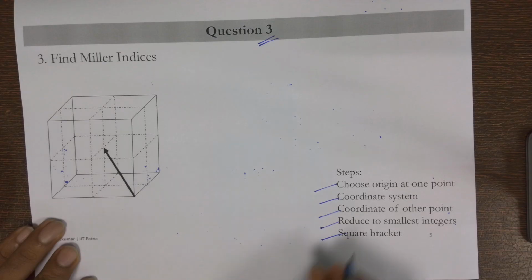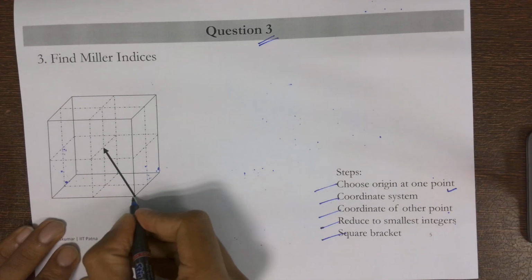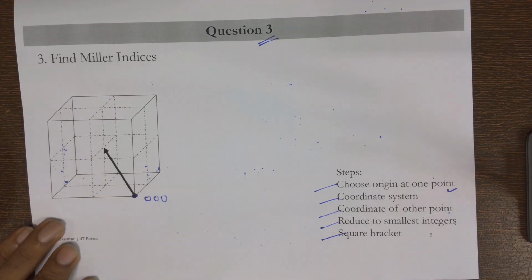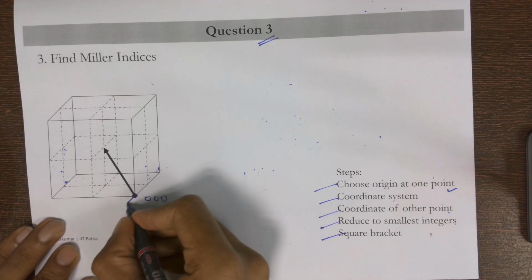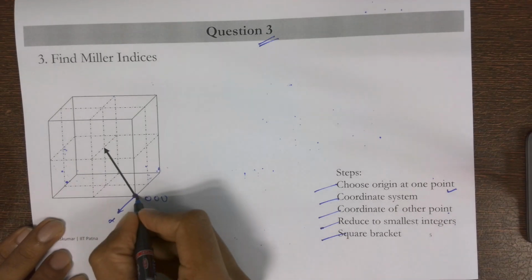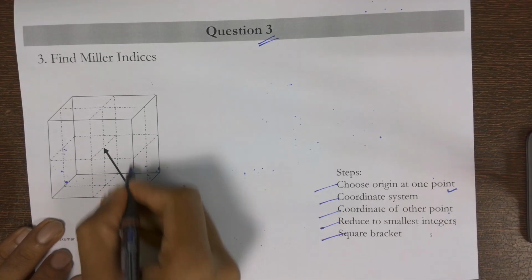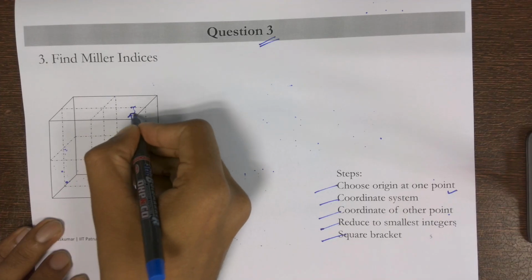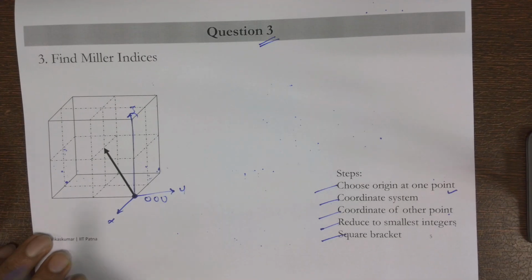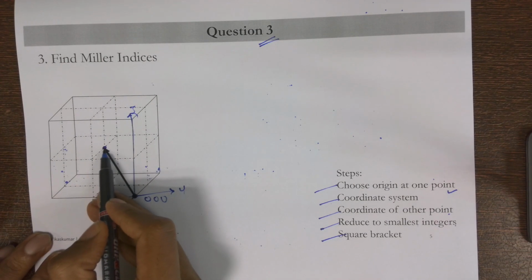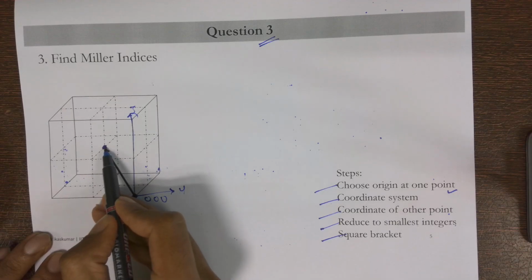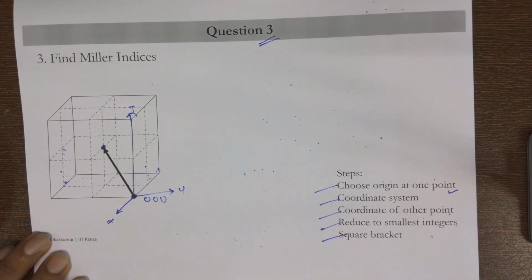So let's define our origin at one of the points. I will choose this one. Then we'll define the coordinate system. Let's say this is my x direction, this is y, and this one will be z. This point is at the center, the body center of this particular cube.